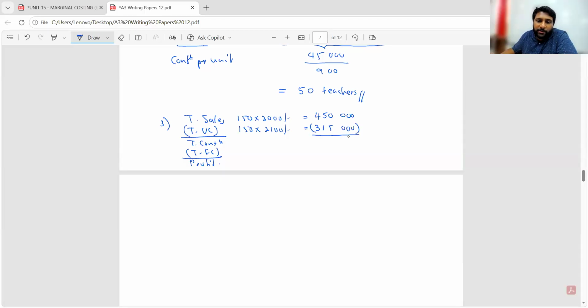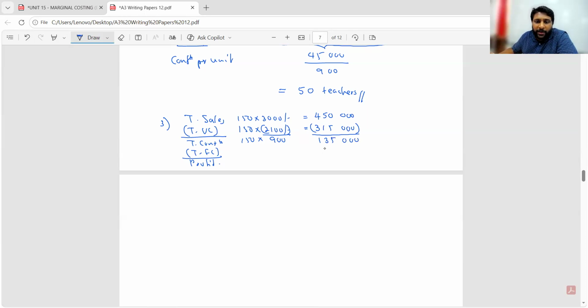Then what's the total contribution, people? You can take contribution per unit into the number of units also. This 900 into 150 you can take. 135,000.